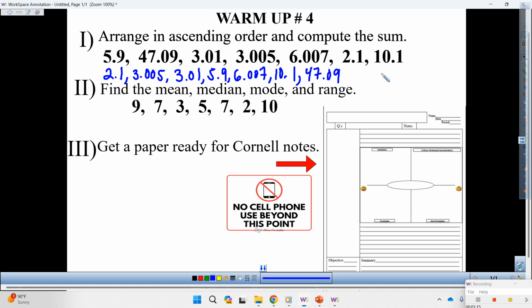Hands, have you got that? That is correct. I'm not going to ask you for the sum. By now you know what to do with that. Let's go to number 2.